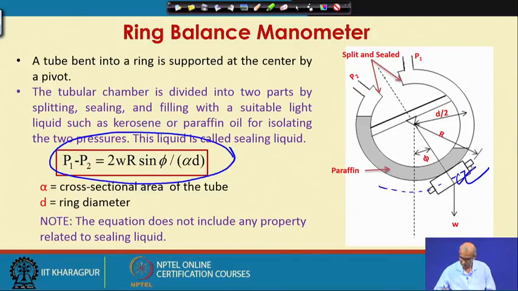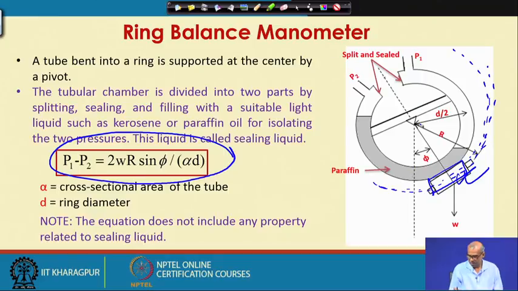But which one? Please look at here. You have attached the weight and then consider a circle like this. So, that radius is r.